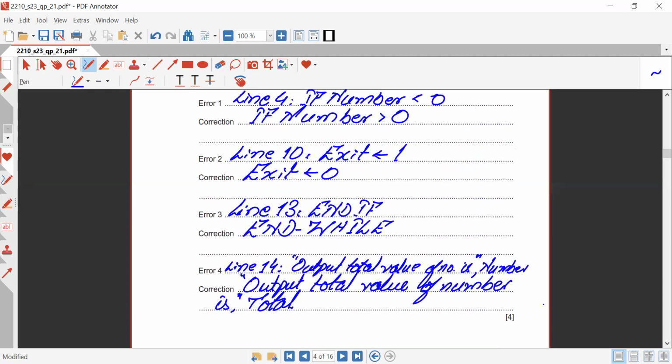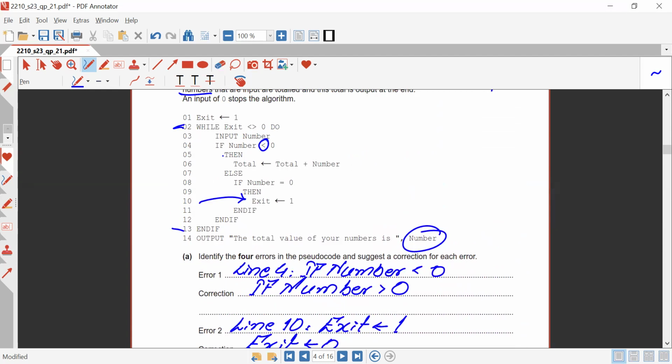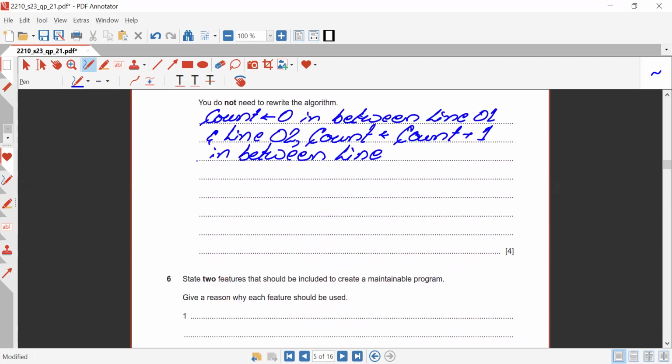Let's see it again. Between 5 and 6 and 6 and 7 both are right. So in between line 5/6 and line 6/7. So I have put the slash over here.